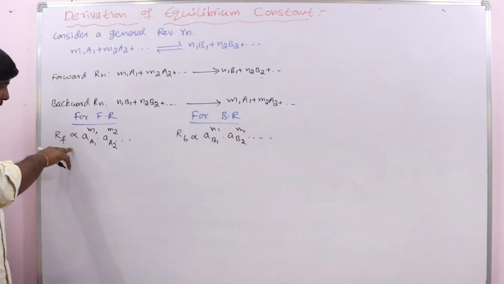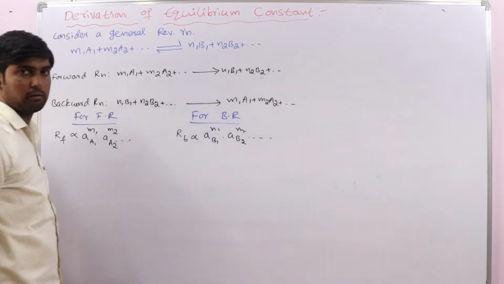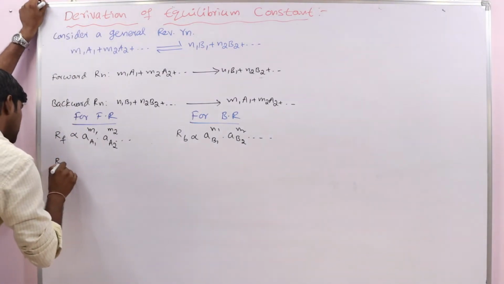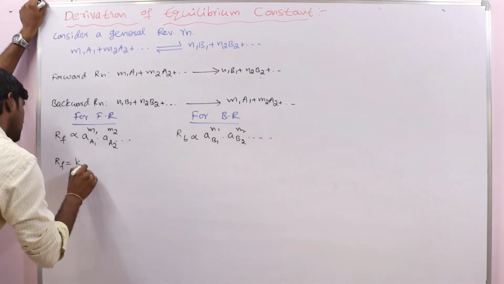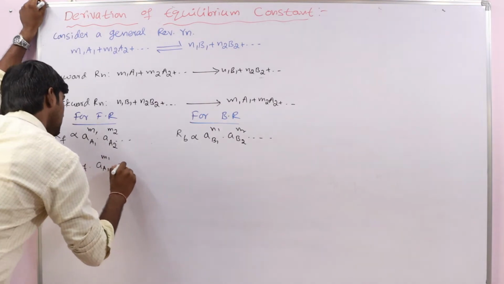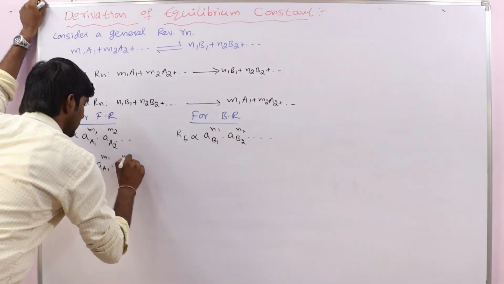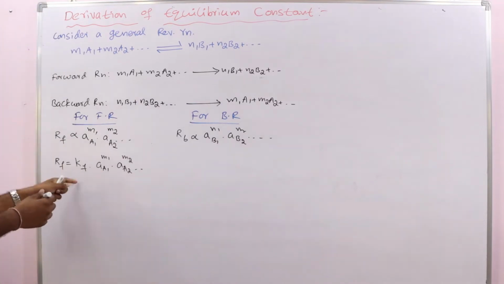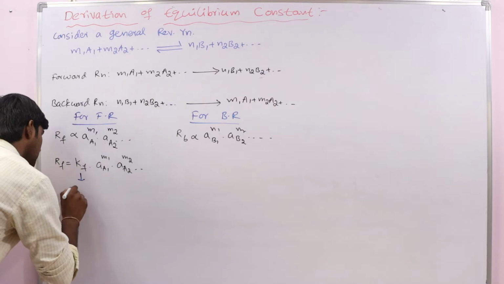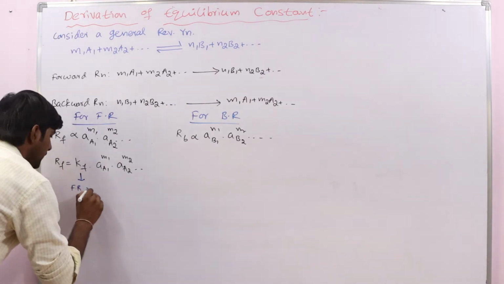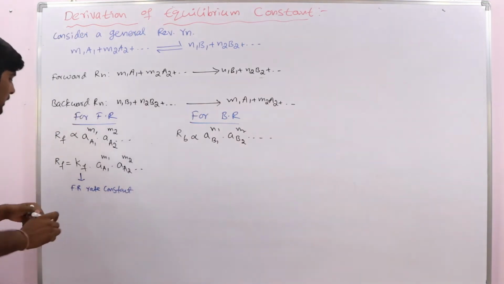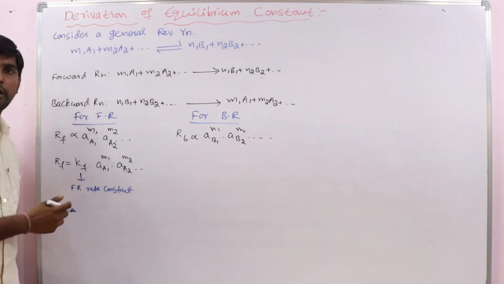Now if we remove the proportionality sign, we get a proportionality constant, that is, RF equals Kf into active mass of A1 whole power m1, active mass of A2 whole power m2 and so on. What is this Kf? Kf is the forward reaction rate constant.